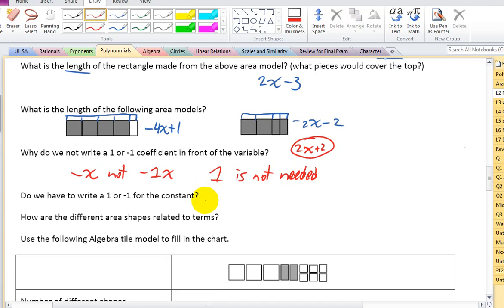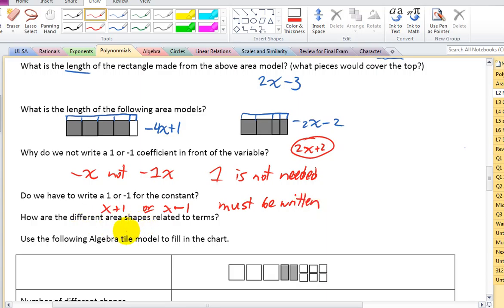Why, though, do we have to write a 1 for the constant, like x plus 1 or x minus 1? Can't we just leave it blank and know that the 1 is there? No. Okay, it must be written.